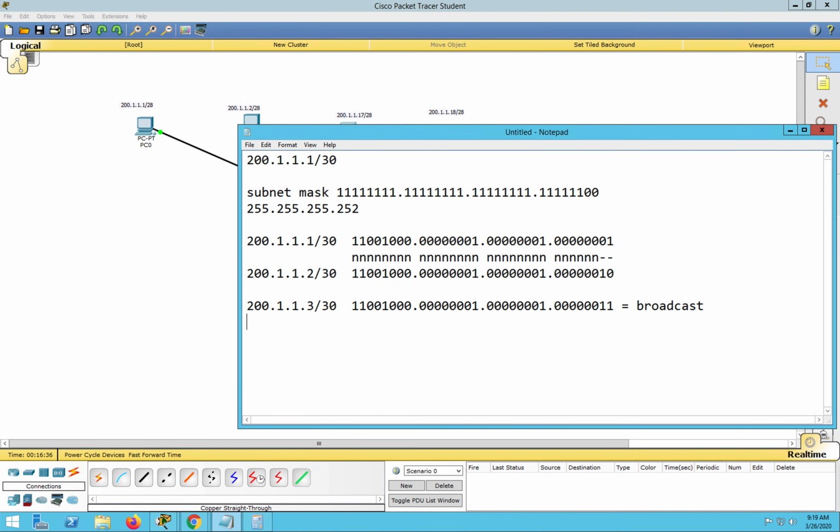Well, let's take a look at the actual value, 200.1.1.0/30. Okay, this will be 11001000. Okay, there's ones and zeros, and this happens to be the number that looks like this. Once again, let's mark down the network part and the host part.